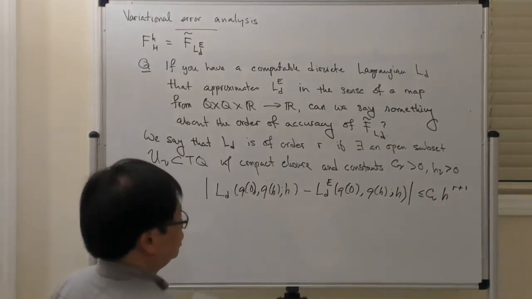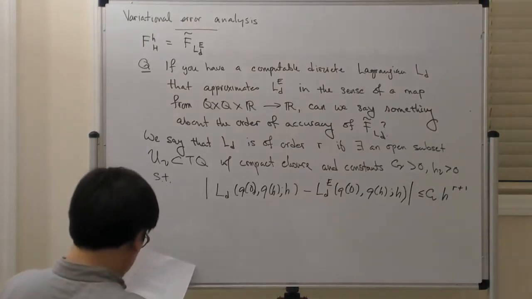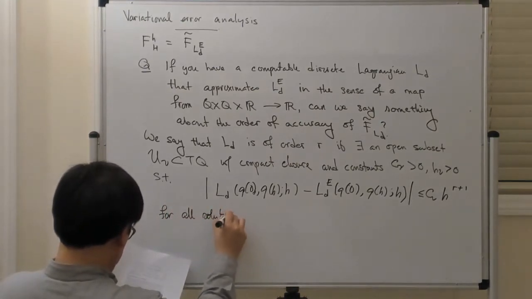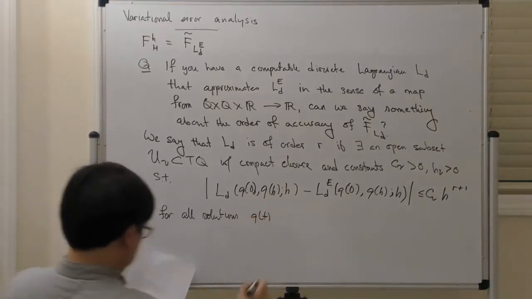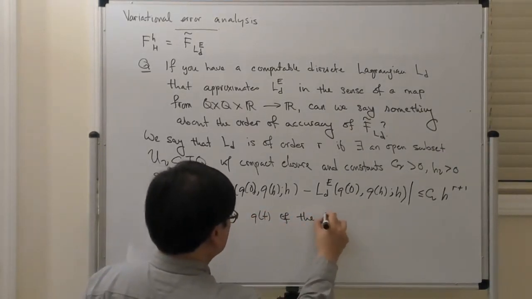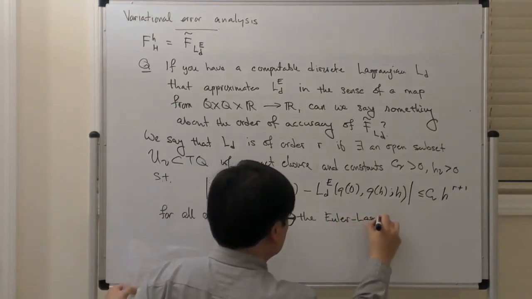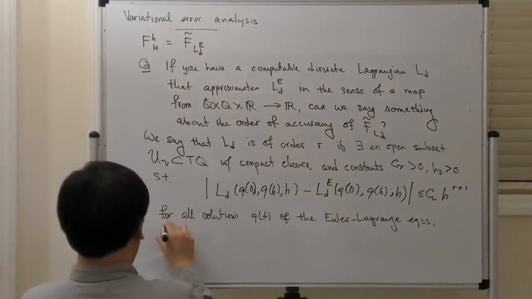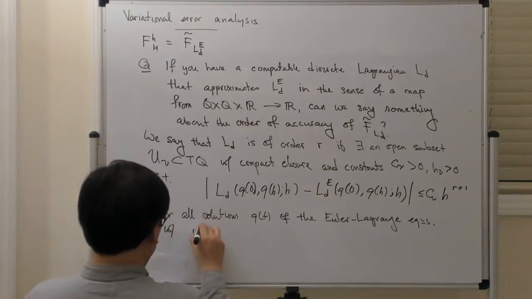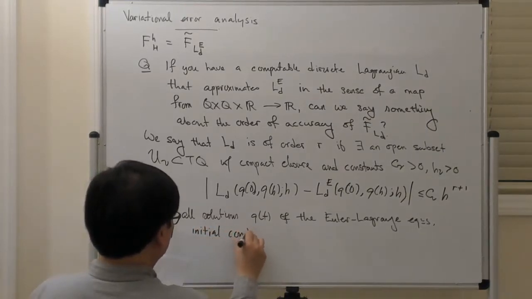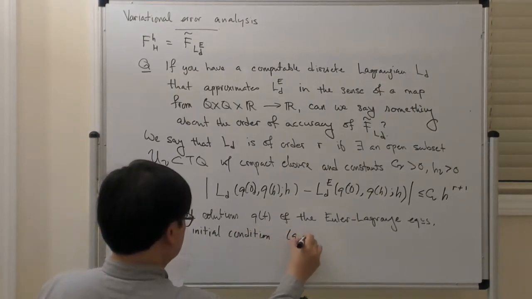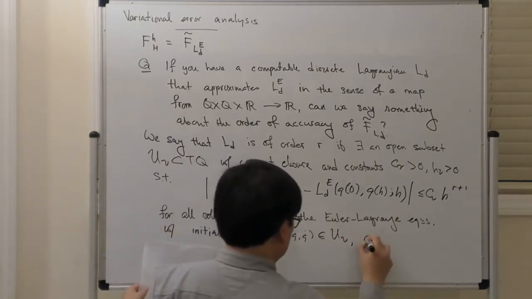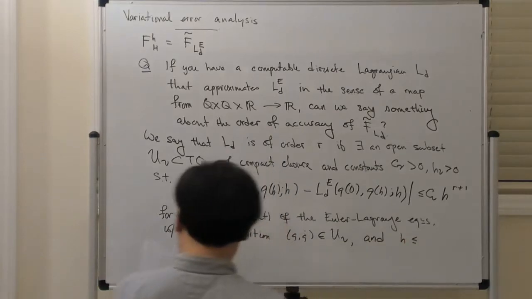So the truncation error is big O of H to the R plus 1, for all solutions Q of the Euler-Lagrange equations with initial condition Q and Q dot in this open set, and H sufficiently small.